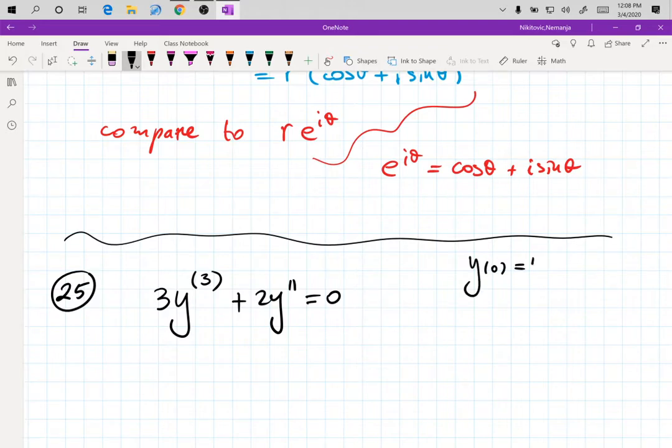Y of 0 is 1. No, lies. Y of 0 is negative 1. Y prime of 0 is 0. Y double prime of 0 is 1. These are initial conditions.